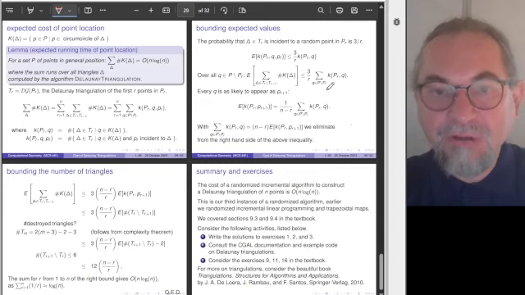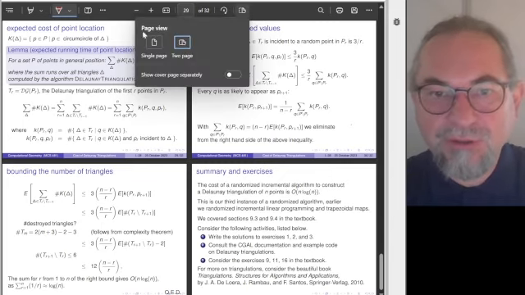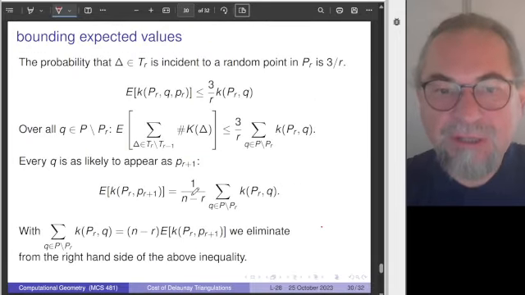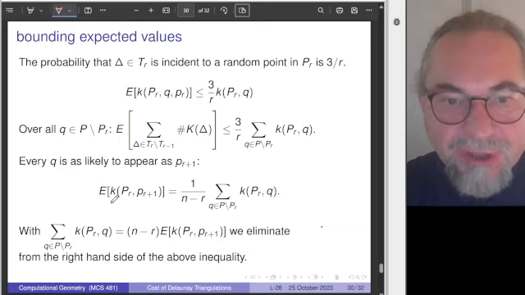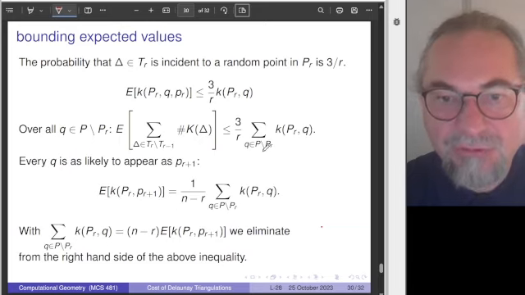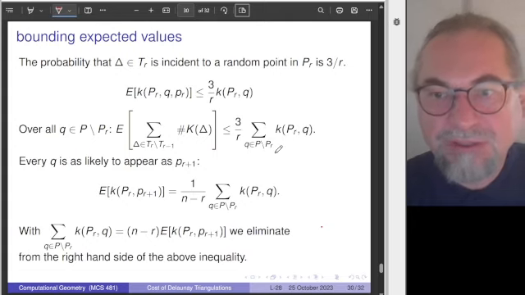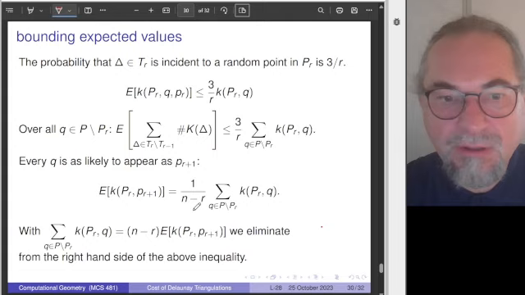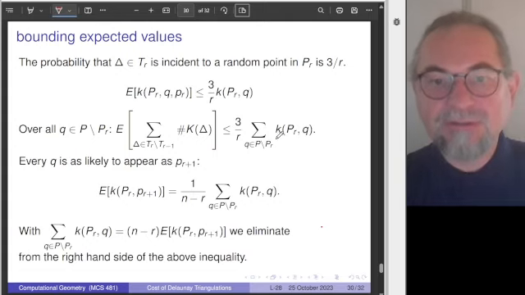So if I go back to the original single page, you see here this expectation is having the count of the set P minus PR, so 1 over n minus r. So this is the expectation. So we're going to now eliminate this term here.